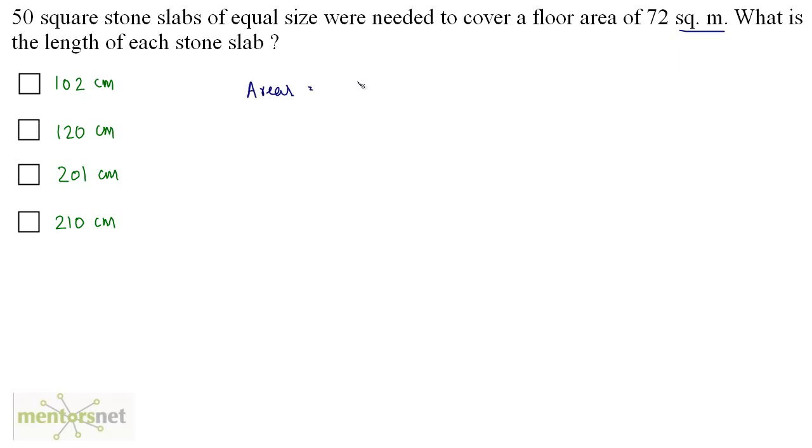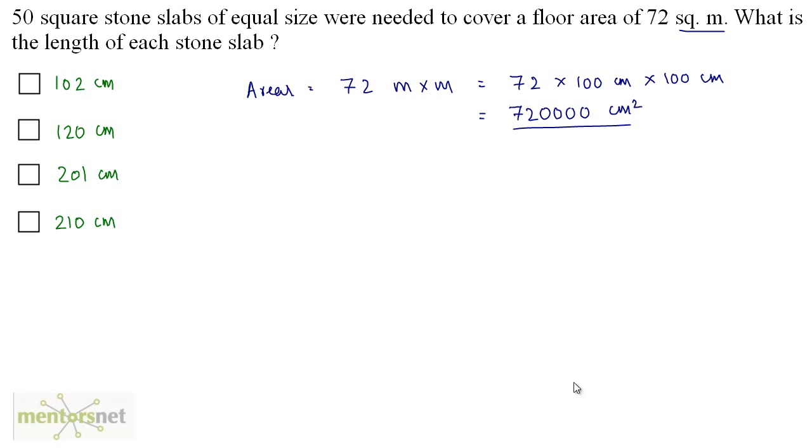So area is equal to 72 meter square, and that can be written as 72 meters times meters. So this is equal to 72 into 1 meter is 100 centimeter. So 100 centimeter times 100 centimeter. Okay. So this is basically equal to 72 and 4 zeros centimeter square. So this is the area.